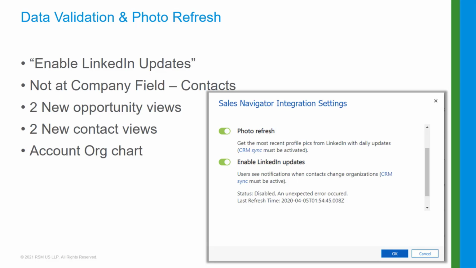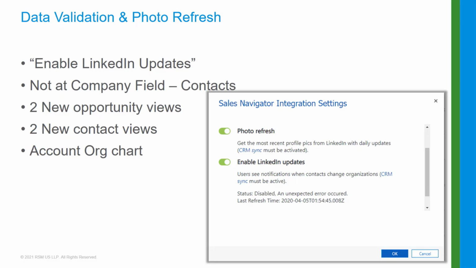And when data validation is turned on in Dynamics 365, there are a couple of things being added. For example, there is a new option set field, and the system name of that is MSDYN_orgchangestatus, and the display name is Not at Company flag. That's added to the contact entity, or contact table, I need to say, in Dynamics 365.